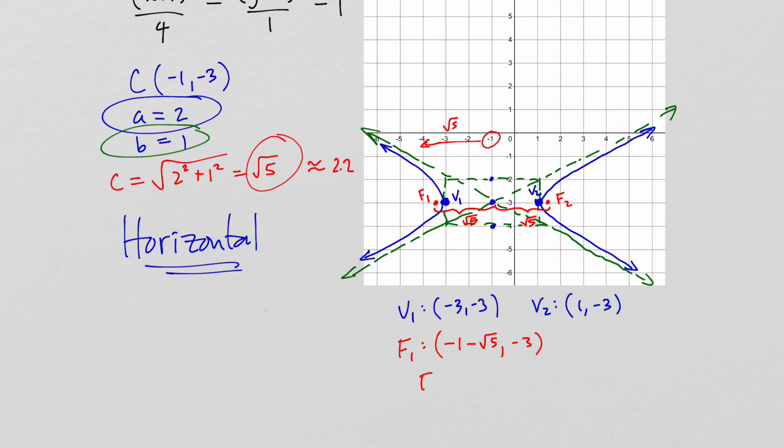And then for focus 2, you start at -1 and you move square root of 5 units to the right, right? So we start here and we move in this direction to get to the focus. So to give those precise coordinates in your homework, you're going to have to enter it like this, right? You don't just enter that as a decimal. You should enter it as an exact value.